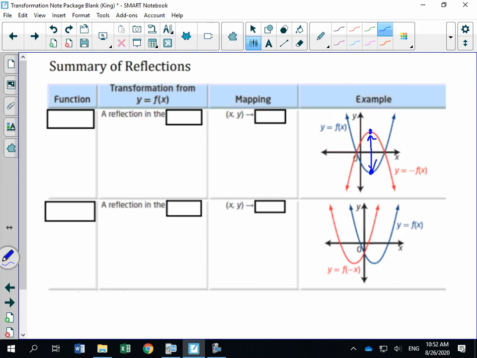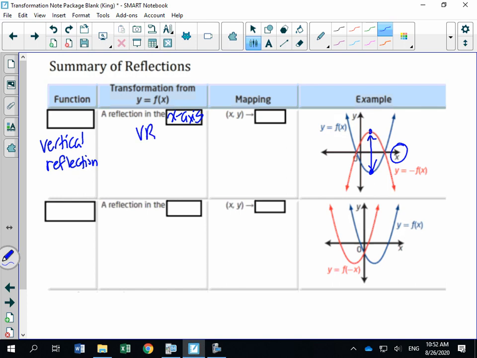So what type of move did we just make, right? That is going to be a vertical move. So this is going to be a vertical reflection. Okay, vertical reflections are reflections in or about the x-axis.